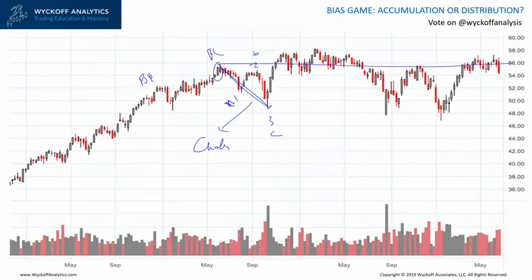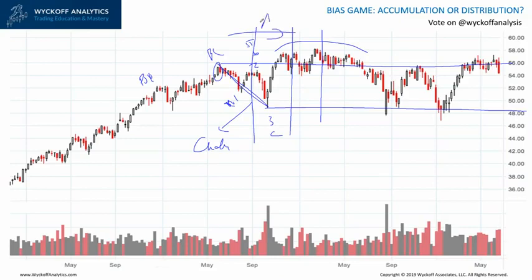And then here is your range. Here is your support. That includes the majority of the price, maybe only in this area right here that we don't have it. And that would suggest that either this is a secondary test, or we have maybe like this, a phase A.